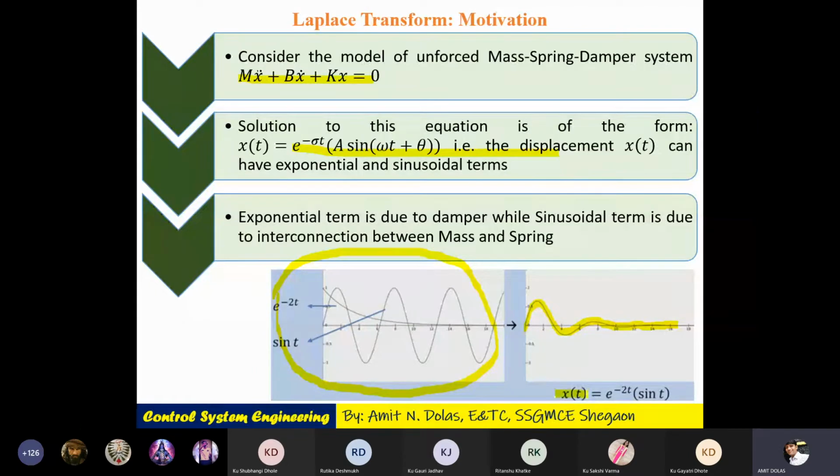So you'll get these separate signals that we have seen earlier in the first graph, if they are combined like x of t equal to e raised to power minus 2t into sin t, it will be underdamped oscillation you'll get. Okay.